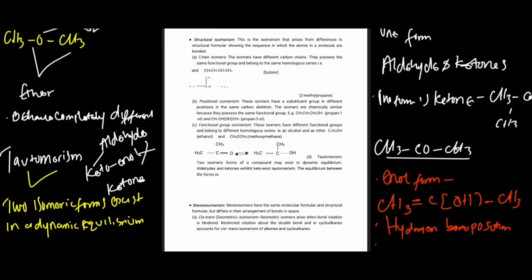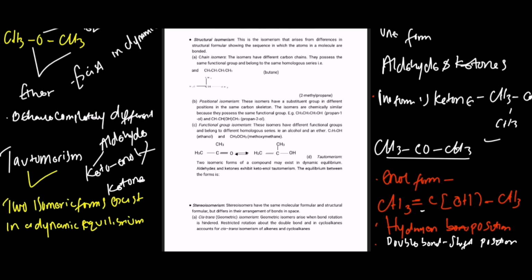The hydrogen shifts position, and then the double bond here also shifts position. Both forms exist in dynamic equilibrium: as the hydrogen is shifting, the other one is also shifting. They just exist in dynamic equilibrium.